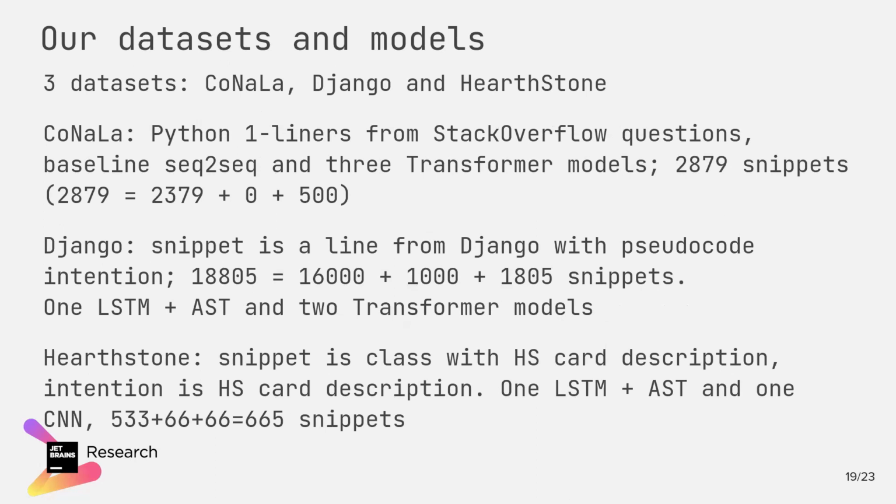So one big problem with studying code generation is that there are not enough publicly available models. We studied 3 different datasets: CoNaLa, Django, and Hearthstone. And for each of them, we had 2 to 4 models available.